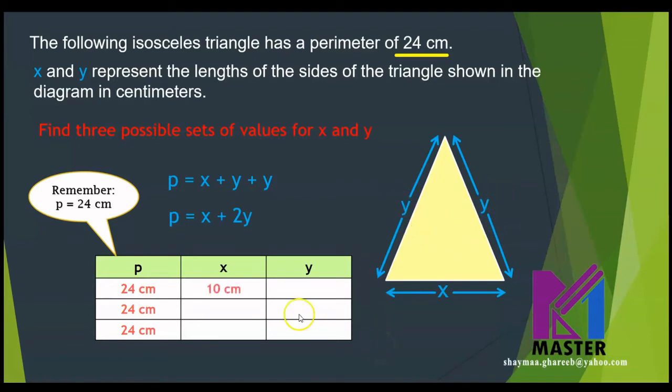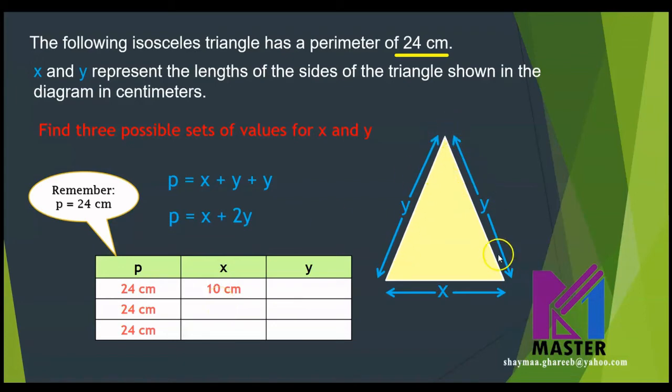So, for example, if I put x equal 10, that means y and y should be number 14. So if this x or this side is 10, then the other two sides should be 14. Why? Because 10 plus 14 equals 24.